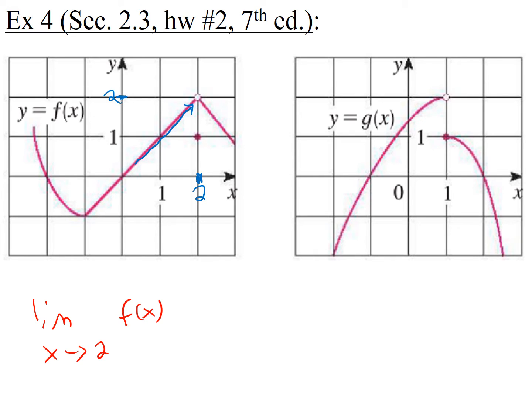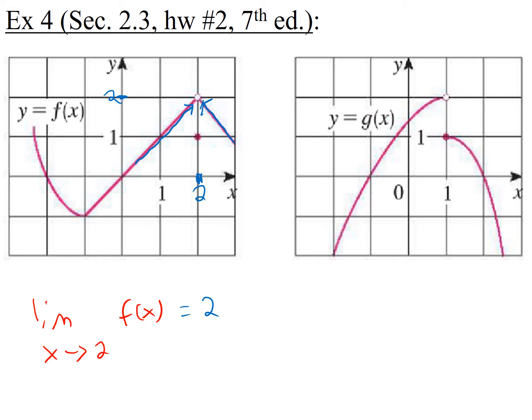So the left-hand limit exists, and it's 2. For the right-hand limit as x goes to 2, you would start on the right and move towards this open circle, and again, you're headed to 2. So the limit as x goes to 2 of the function f exists, and it's 2.